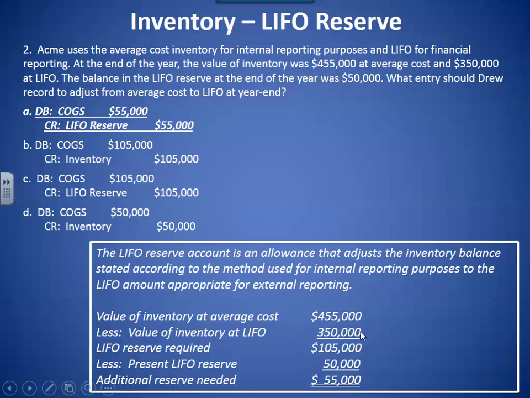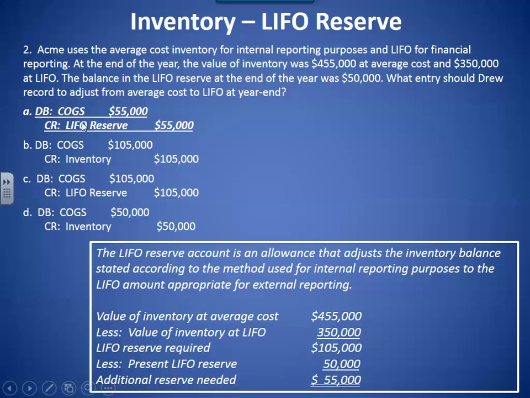So in order to get the average inventory value down to the LIFO amount, we're going to have to basically subtract out $105,000. In other words, that amount would have to be in the reserve. Okay, now we already have the present reserve amount of $50,000, so we're already part of the way there. So the additional reserve that is needed would be $55,000, and that's how we come up with the journal entry.